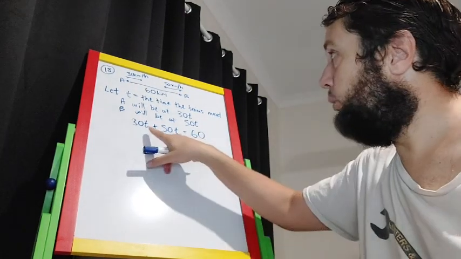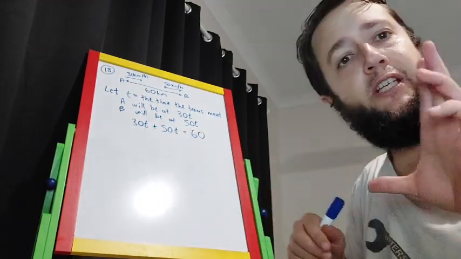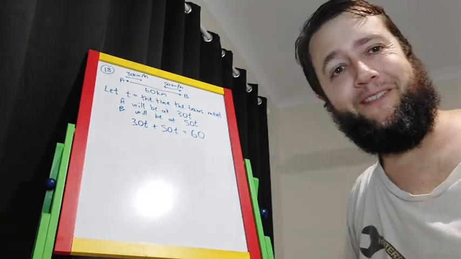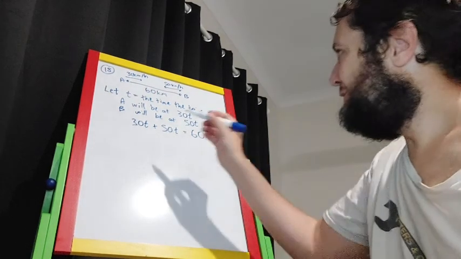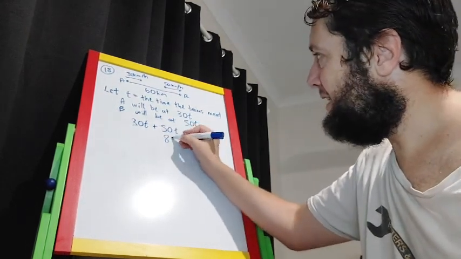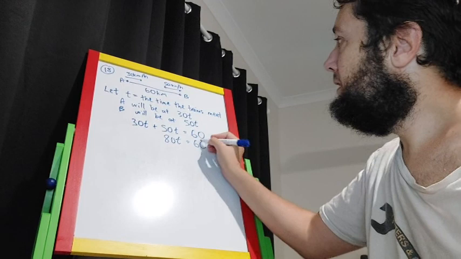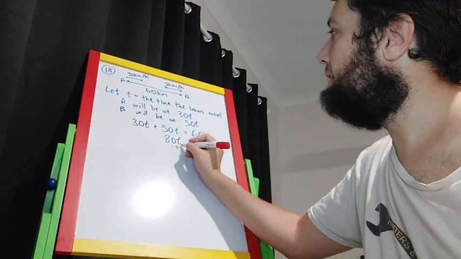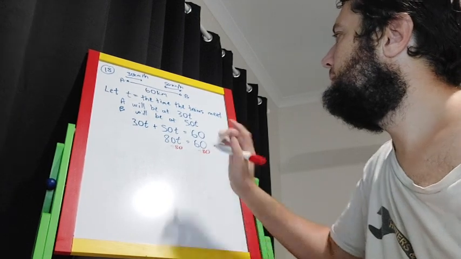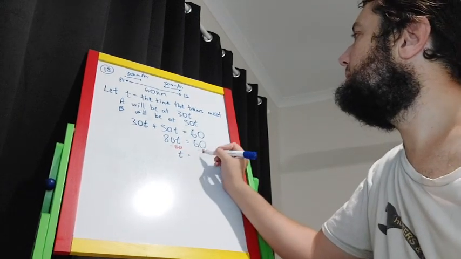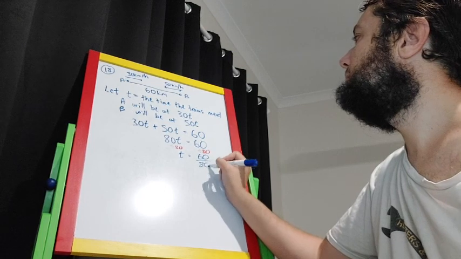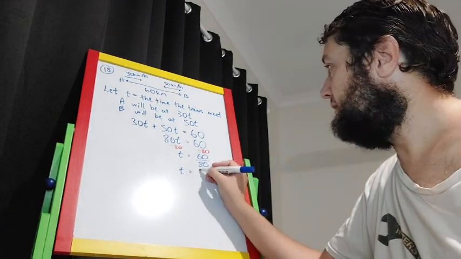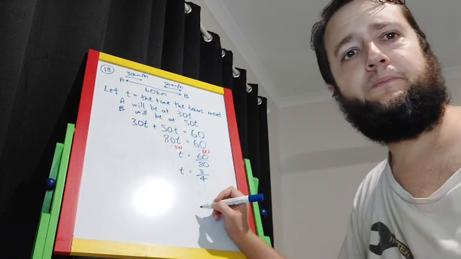If you get that formula, it's party time. 30 lots of t plus 50 lots of t is 80t. The opposite of multiplying by 80 is dividing by 80. So t is 60 over 80. If you simplify that or put it in your calculator, that's 3/4.